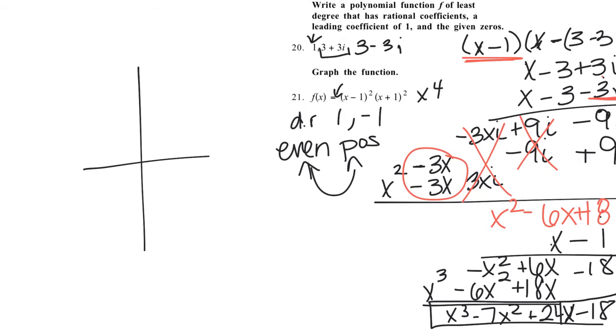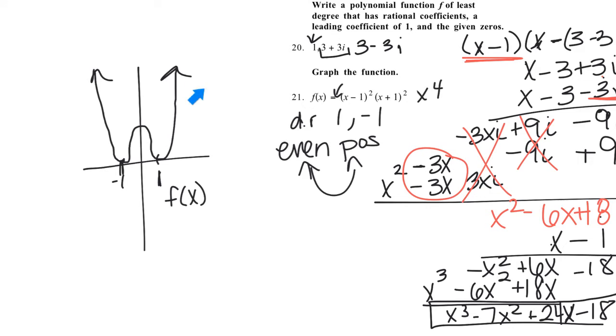So when I look at my graph, I have negative 1 and positive 1. It starts up. It's going to bounce because it's a double root. It's going to bounce, and that's what my graph looks like. And if I was asked to write the end behavior, just as a review, because we've only done this a little bit, f of x goes to positive infinity as x goes to positive infinity.